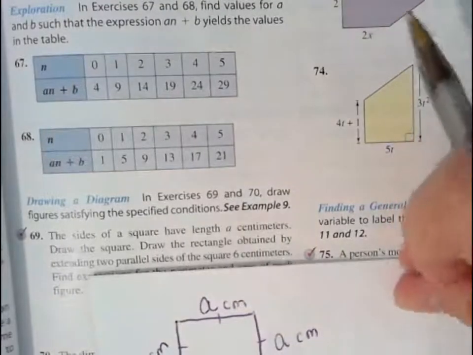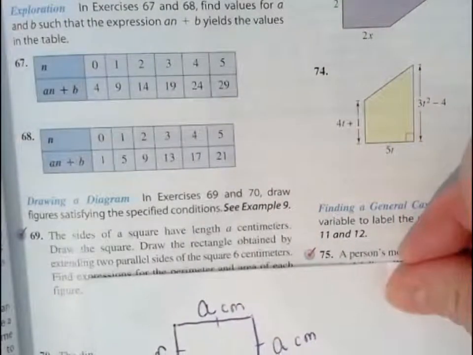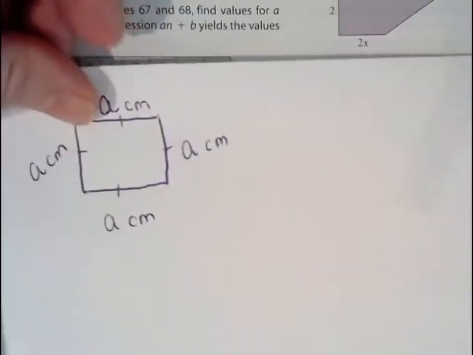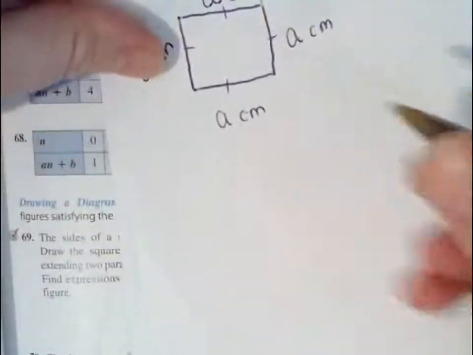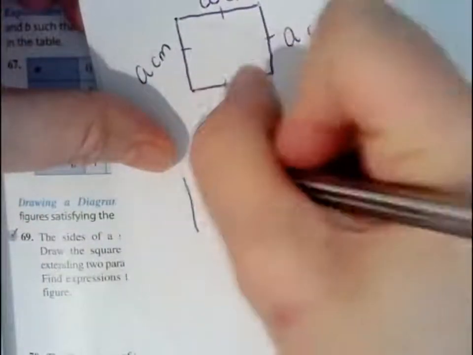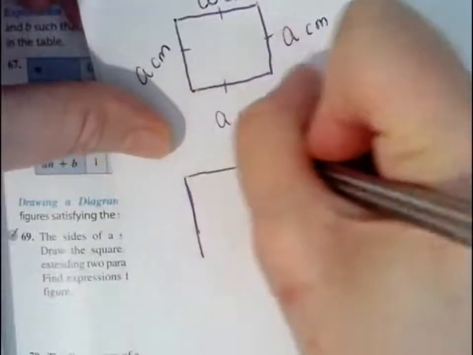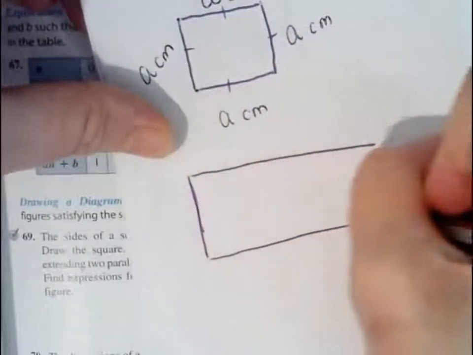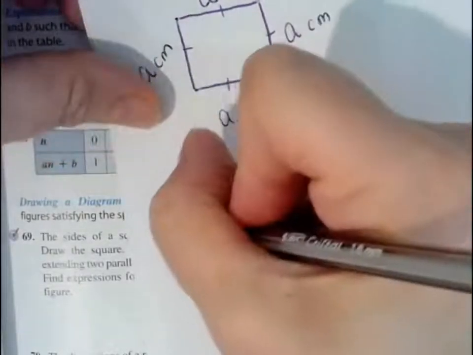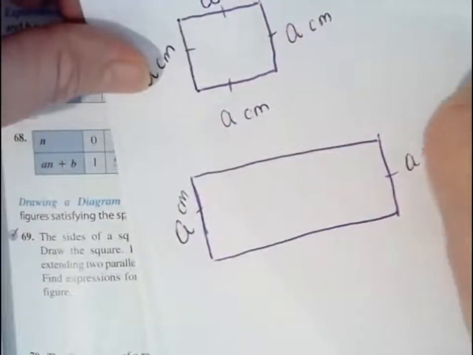Draw the rectangle obtained by extending 2 parallel sides of the square 6 centimeters. Okay, so now I'm going to draw my rectangle. I'll just draw it right underneath because I think that would be easier to see. Here's my rectangle. So this is still a centimeters right here. That's still a centimeters.